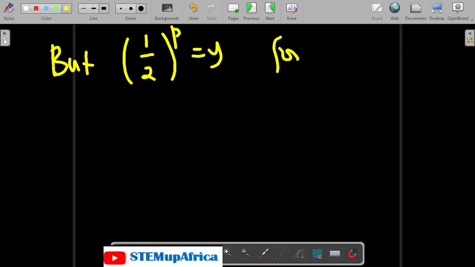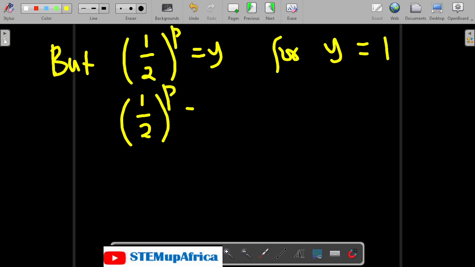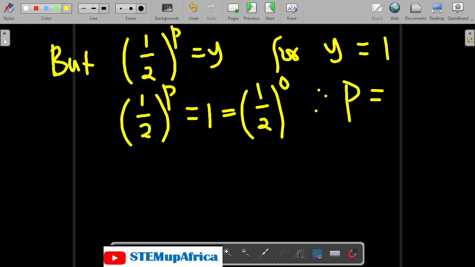So for y equals to 1, which is the first value of y we got, I can write this as 1 over 2 raised to the power p is equal to 1. It can also be written as 1 over 2 raised to the power 0. Therefore, our p is equal to 0. So let's try the other one. 1 over 2 raised to the power p is equal to y.